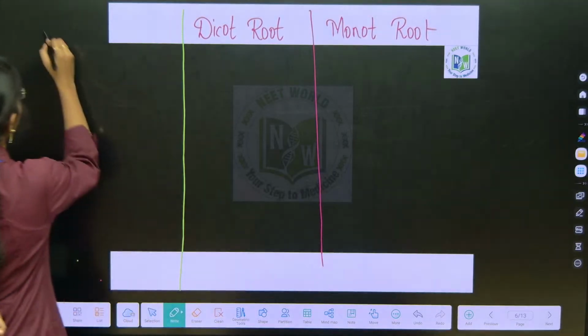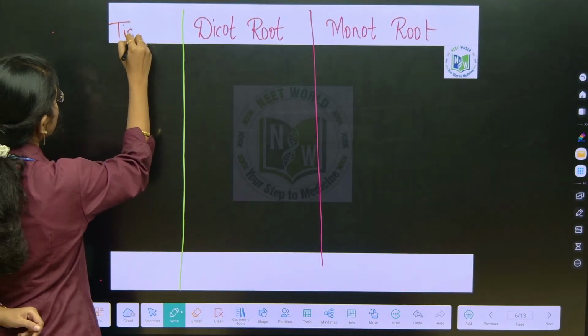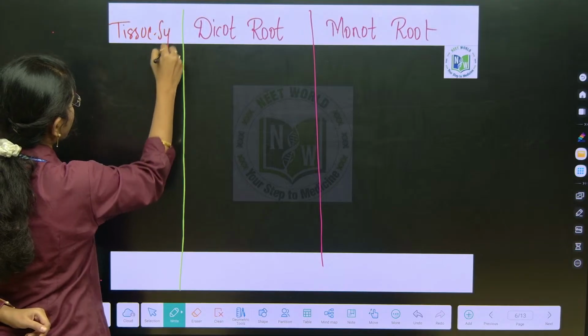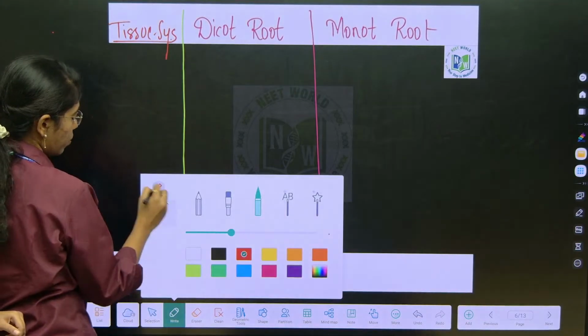Here it is tissue systems. First, epidermal tissue system.